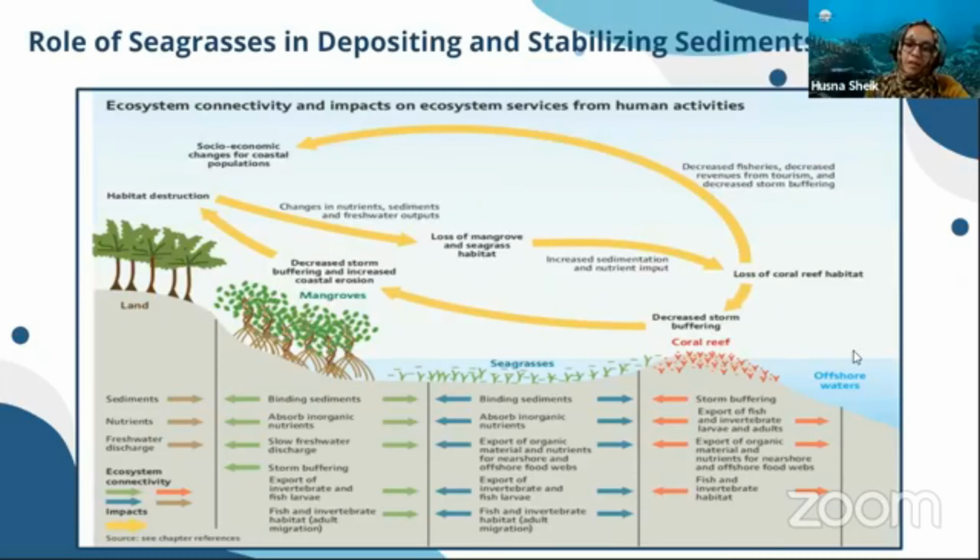When we consider any disaster, like a tsunami or a storm surge, when it comes from the seaside, corals are the first fighters we have. They do a buffering activity. They withstand the storm surge.